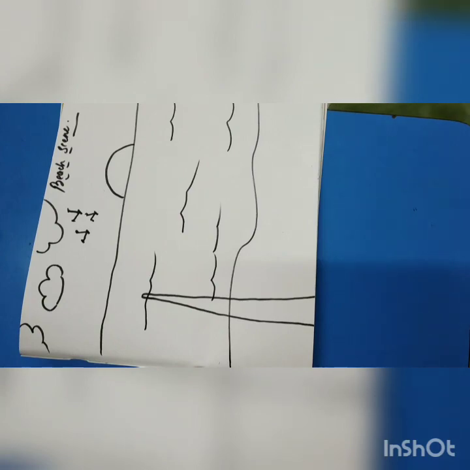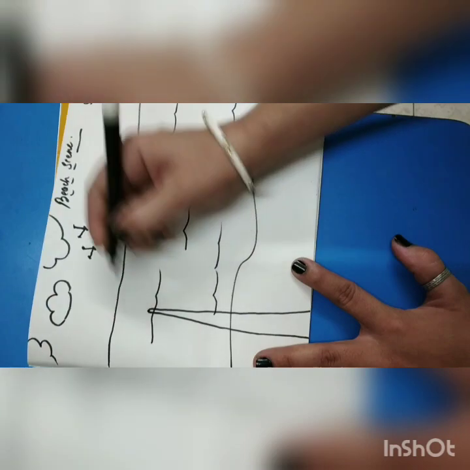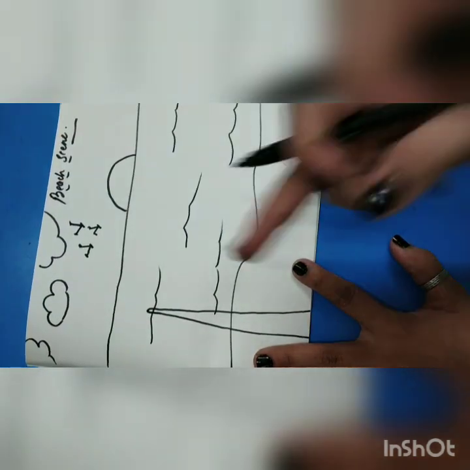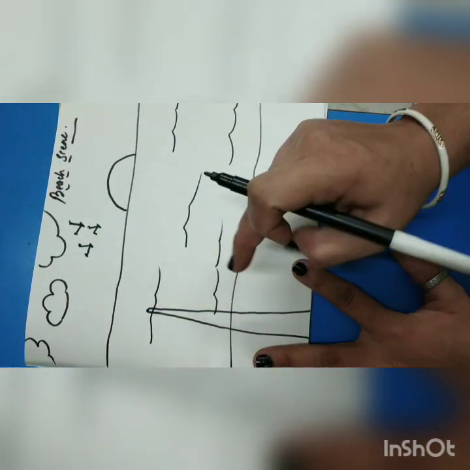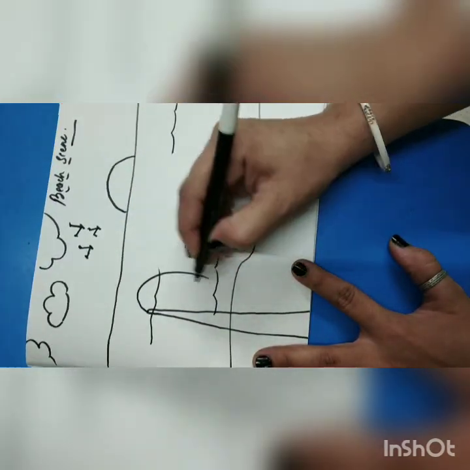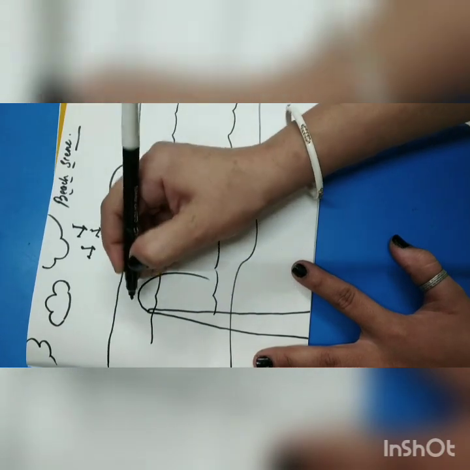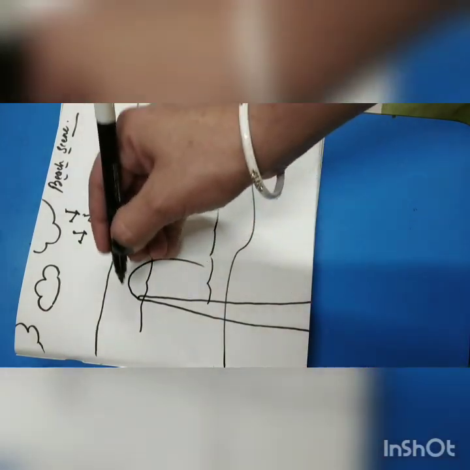I guess it's done. Now, see. You must have seen a fountain. So a fountain falls in this shape, like this. So I'll do it from here. I'll start from the middle. From here you need to start. You need to make one. Draw this one. Draw this one, this curvy.